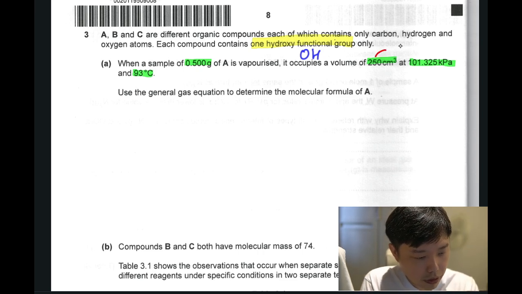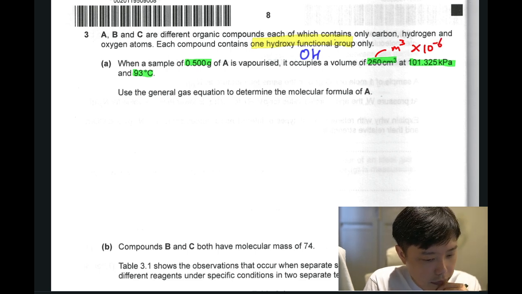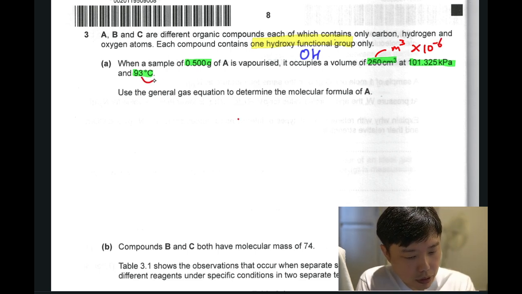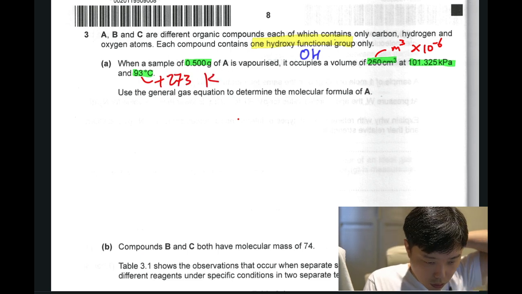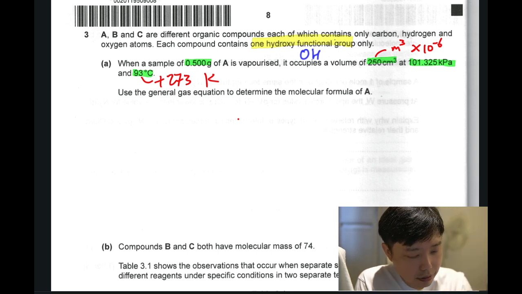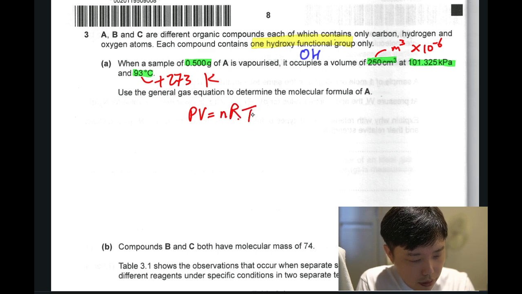So to convert to meter cube, you need to multiply by 10 to the power of minus 6. Then for degrees Celsius, you need to add 273 to get to kelvins. Okay, so all of this you just sub into the ideal gas equation, which is PV equals nRT.